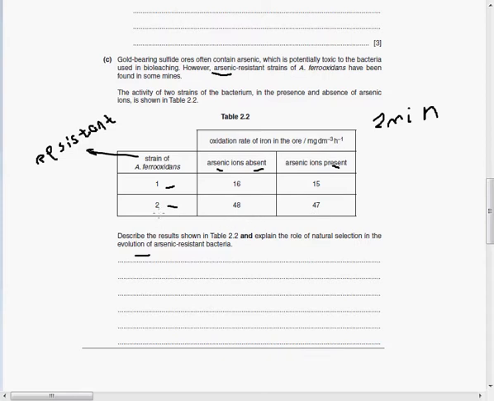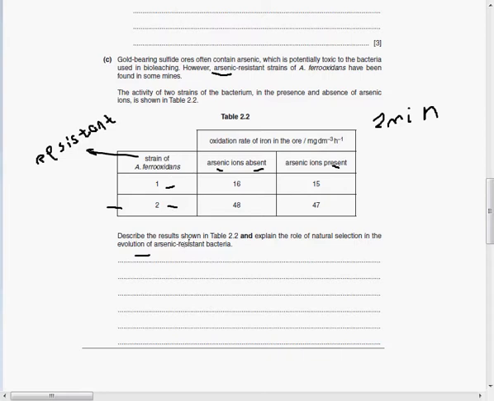So that's the second thing. You have to say that for strain 2, they are very active compared to strain 1. Those 2 points will clear the point with this.